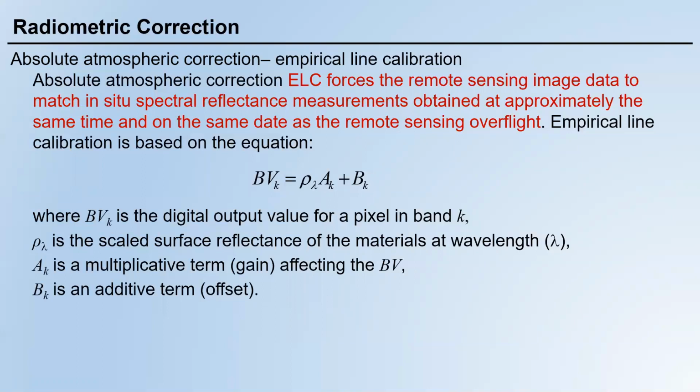So you can see here, in order to create these empirical models, one method is to create the statistical relationship between the data collected by sensors on a satellite or on a plane, and the in situ measurement using a field spectrometer.